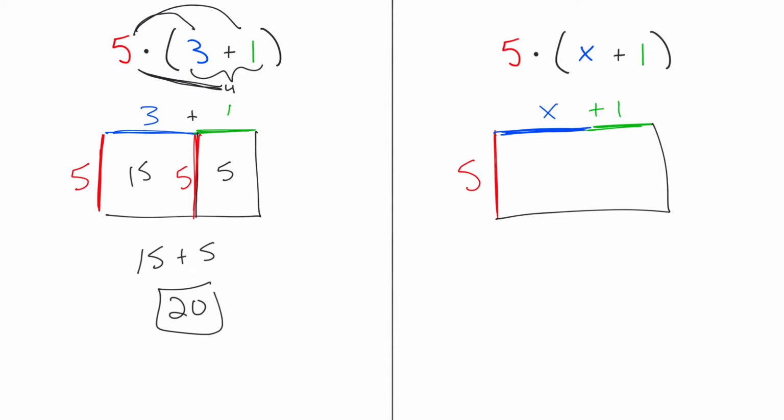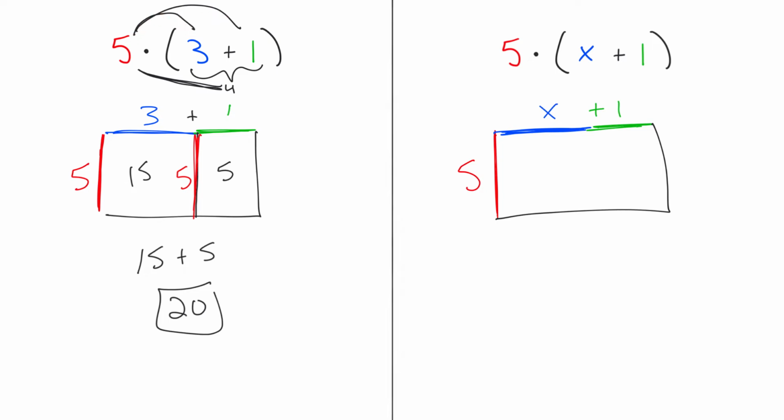In the first problem, I could either distribute the 5 or add the 3 and the 1 and then multiply by 5. You could do either or. In this problem, we can't do either or because I can't combine these, meaning the sum, making it equal to 4, I can't do that here. So I'm only left with the distributive property.